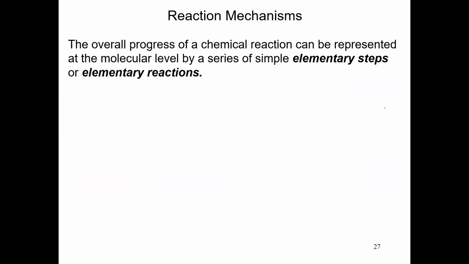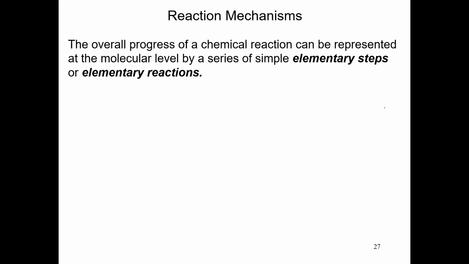The overall progress of a chemical reaction can be represented at the molecular level by a series of elementary steps or elementary reactions. This is called the reaction mechanism. And basically it has to do with essentially a reactant forming an intermediate first, and then you get the product at the end. And sometimes if they're making a chemical industrially, they got to add different ingredients.